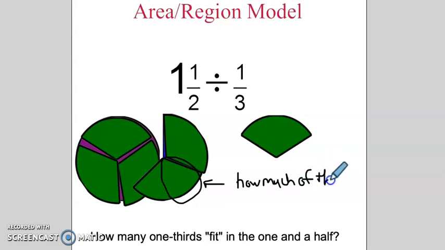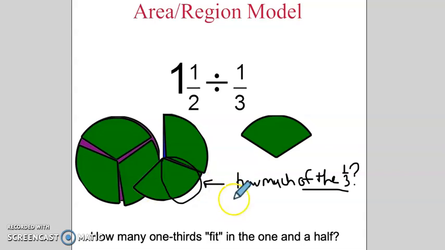Because if you guessed, or if you found that it was 1/6, that size right there is 1/6 of the whole, but how much is that 1/6 of the third? How many 1/6 pieces fit right here in this 1/3 piece?